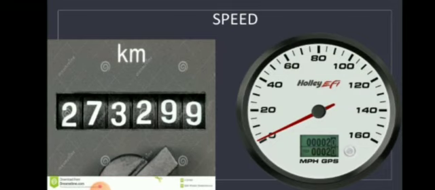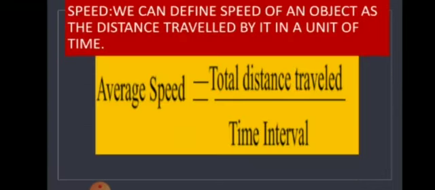How to calculate the average speed? First, we see definition of speed. We can define speed of an object as the distance traveled by it in a unit of time. Now we are having here formula of average speed. Average speed is equal to total distance traveled by time interval, or average speed is equal to total distance traveled by total time taken to travel the distance.